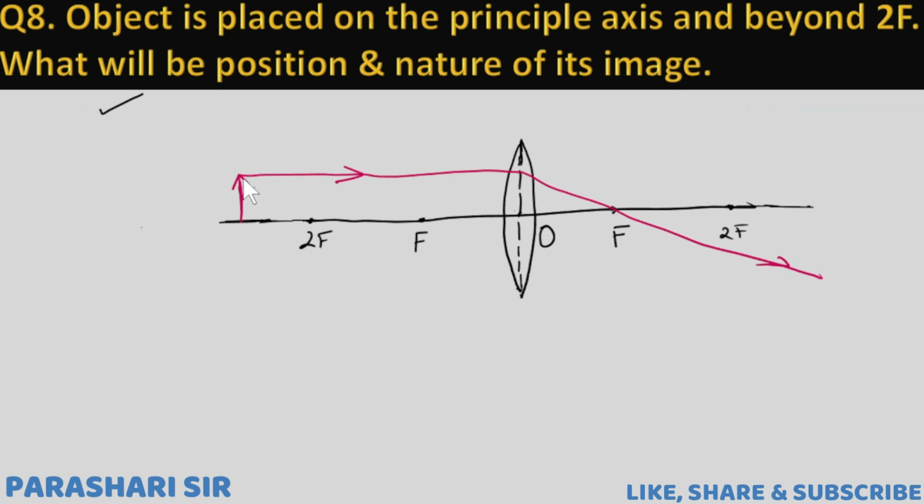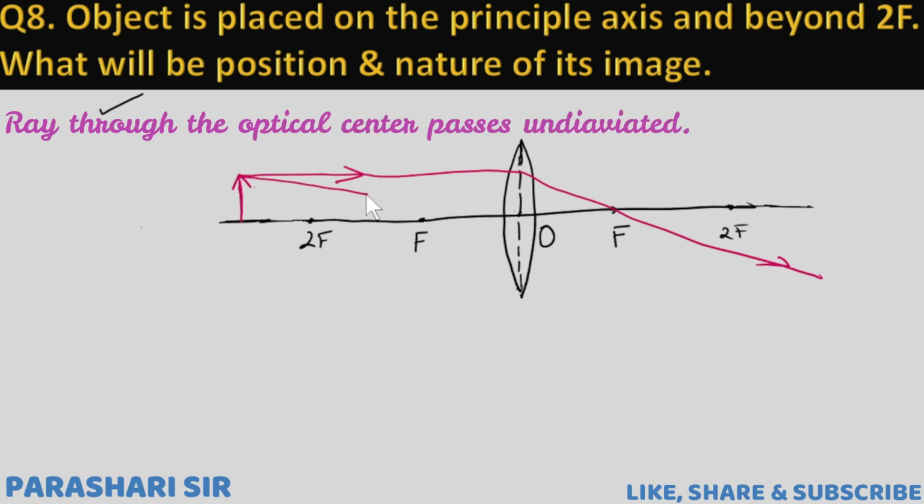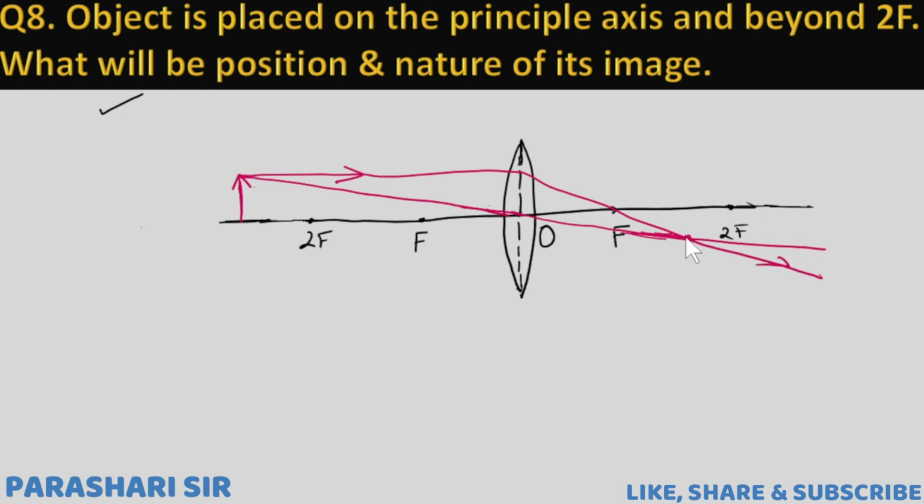So here is another ray that must travel through the optical center, extend it. This is the place where these two refracted rays meet, and we will obtain image A dash, B dash corresponding to the object AB.